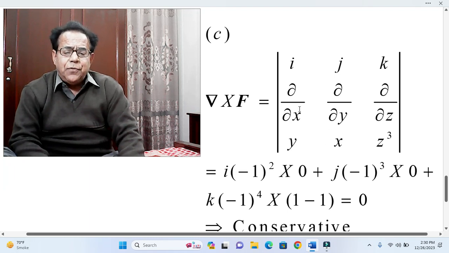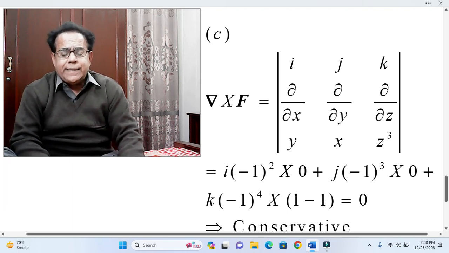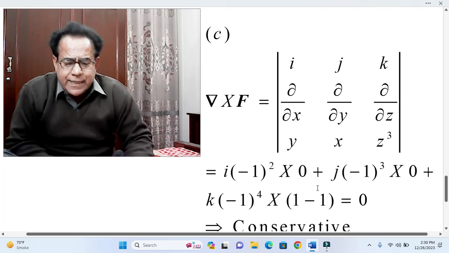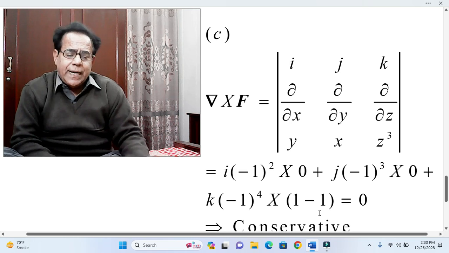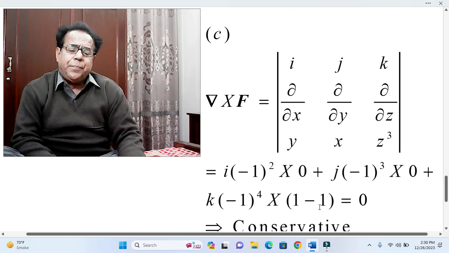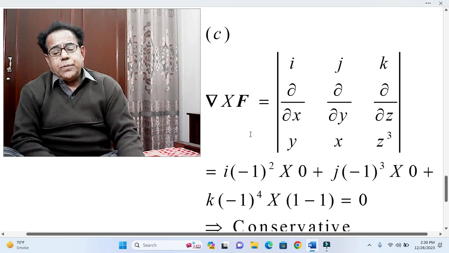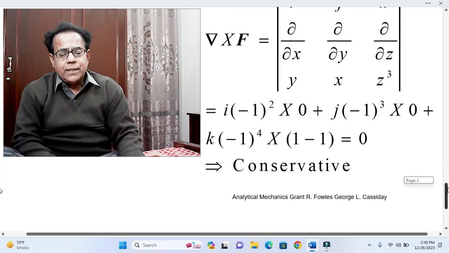But here the formula is this product minus this, so 1 minus 1 is 0. Our previous terms have already been proved 0, and this does not become 0 directly, but 1 minus 1 at a subsequent stage becomes 0, and hence curl F finally becomes equal to 0, and hence it means that the field is conservative.